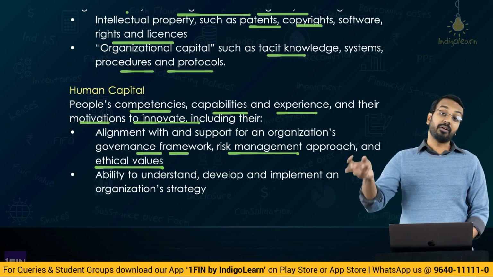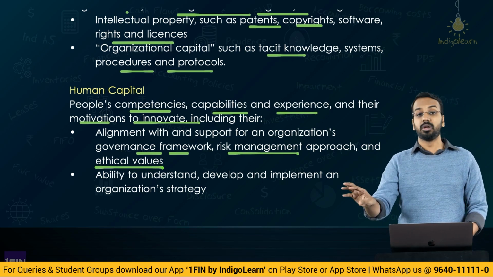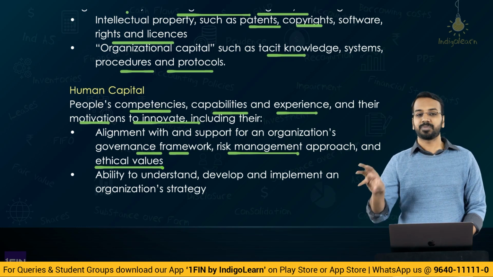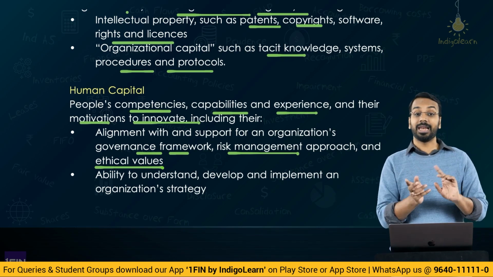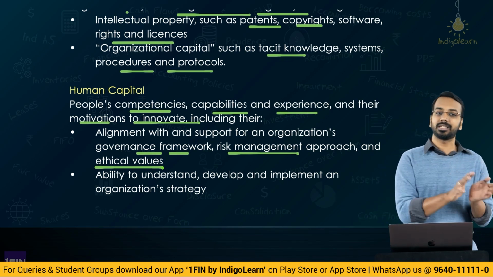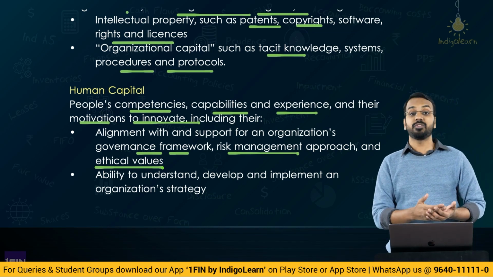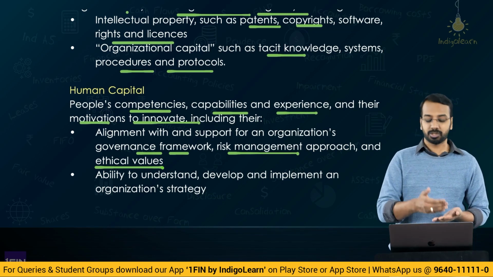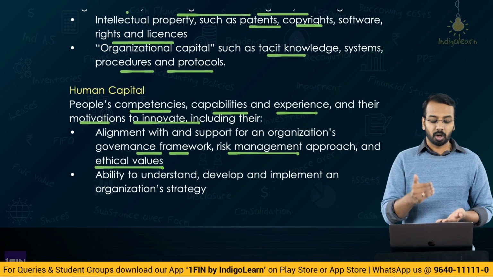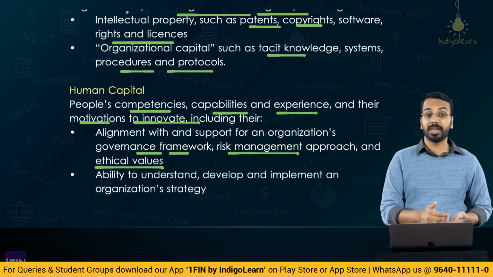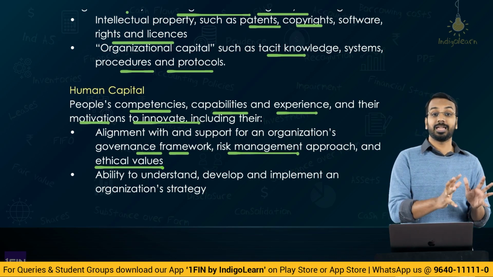So one is you have a talented pool, you have an experienced pool, you have a capable pool of employees and they are in alignment. Alignment means they are thinking the way the organization is thinking. So they are in alignment with the organization values, organization systems, organizational governance framework, organizational risk management approach. All of that they are in alignment with.